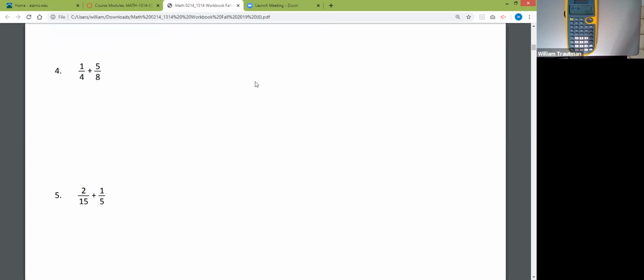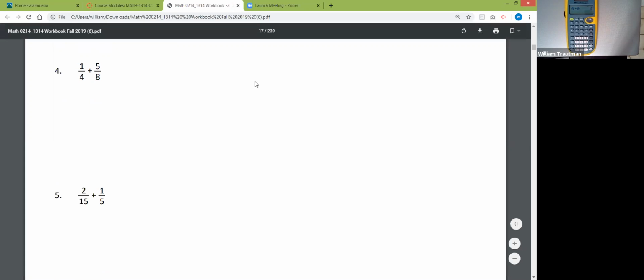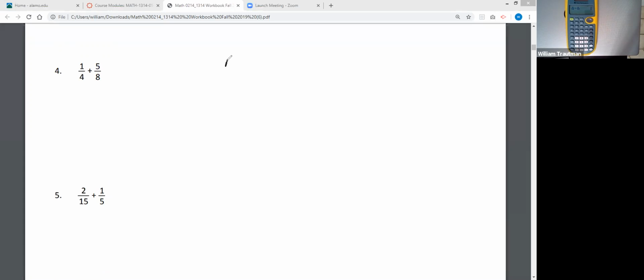Now, adding and subtracting fractions when the bottom is different. Look at number 4. So we're going to add. This is the rule for add or subtract fractions when the bottom is different.